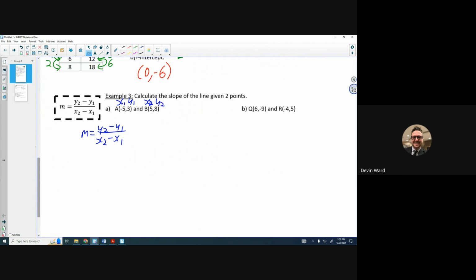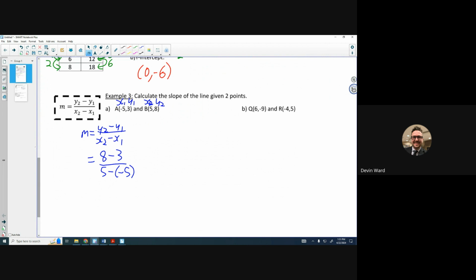Okay, so now I have y2. I said that y2 is 8. So 8 minus my y1, which is 3 from A, all over x2, which is -5, minus, and this is important, when I have a negative, I have -5 for my x, I need to put that into the brackets. Because otherwise I would be saying x is 5 for A, which is not, it's -5.